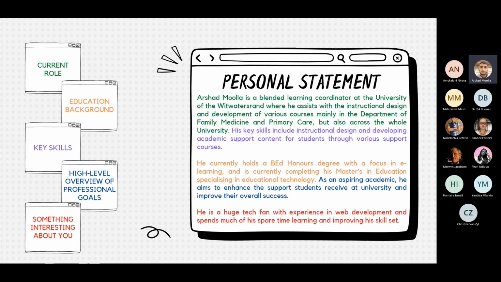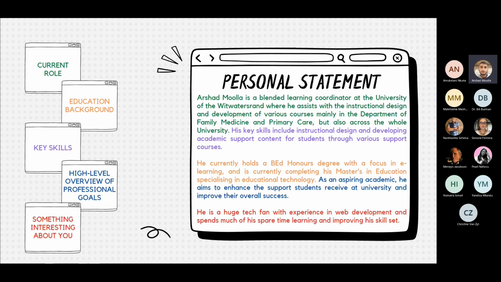We came up with a structure to write your personal statement, and it includes having 5 different pieces of information. This includes your current role, your education background, your key skills, a high-level overview of your professional goals, and something interesting about you.